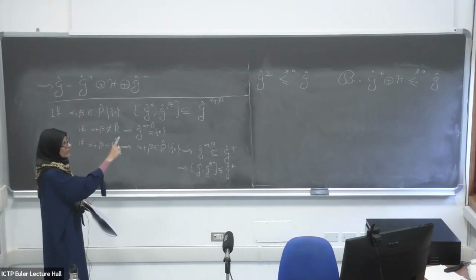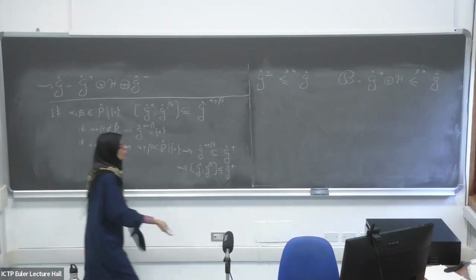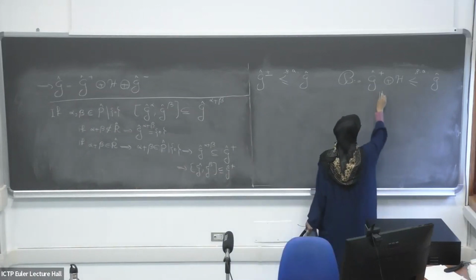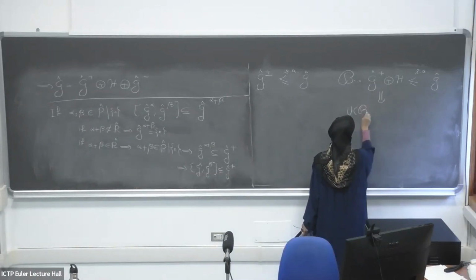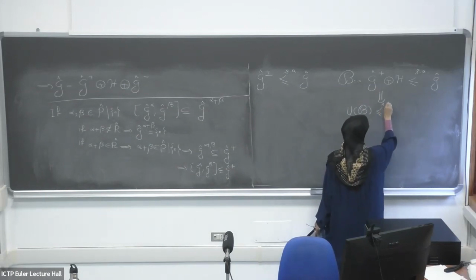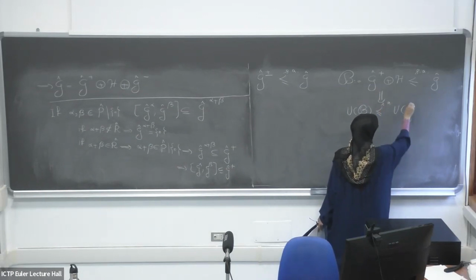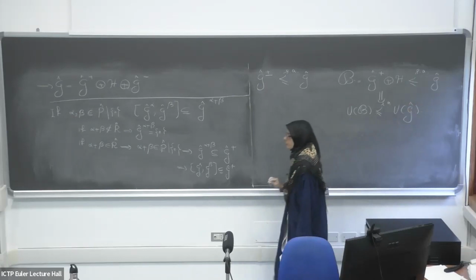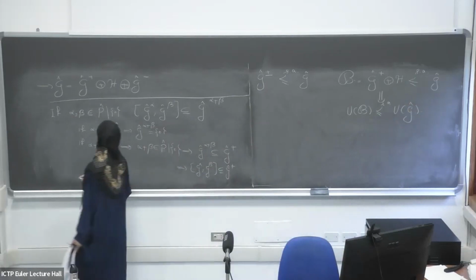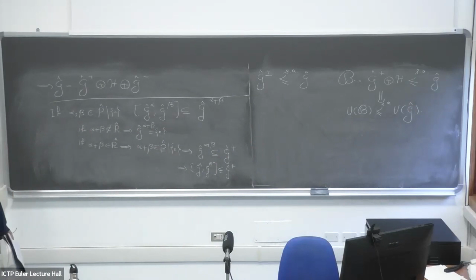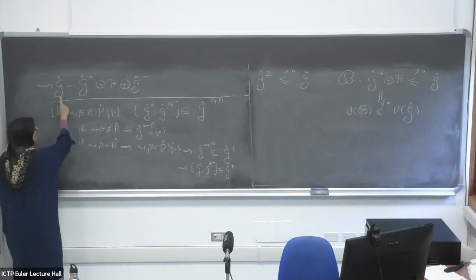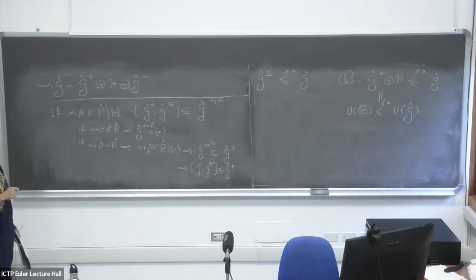So B is a subalgebra of G hat, so UB can be considered as a subalgebra of UG hat. Now I want to introduce you a representation. I want to form a representation for this G hat, and I construct that representation for you.